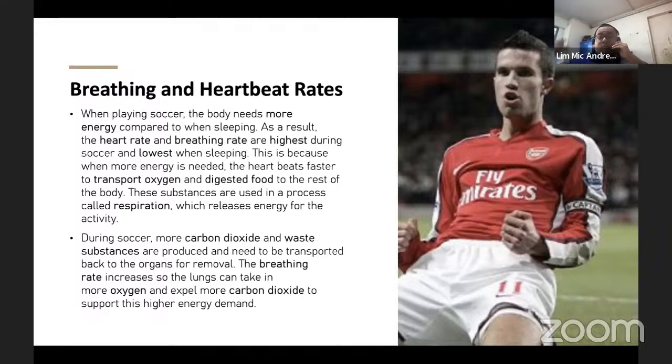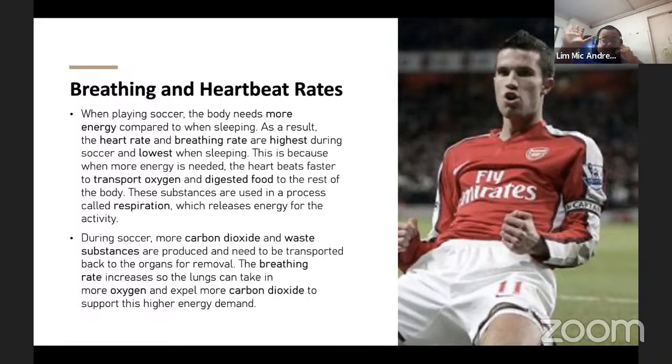This is because more energy is needed. That's why the heart needs to beat faster to transport oxygen and digested food to all parts of the body. The food and oxygen will be used up to release energy for the players to continue to kick the ball and score a goal.